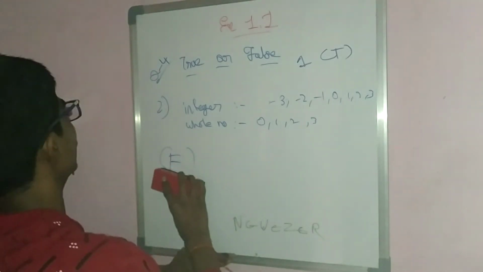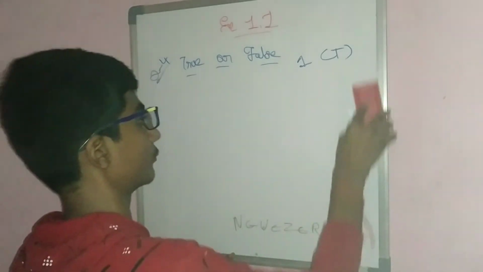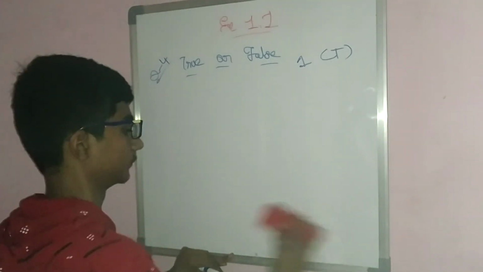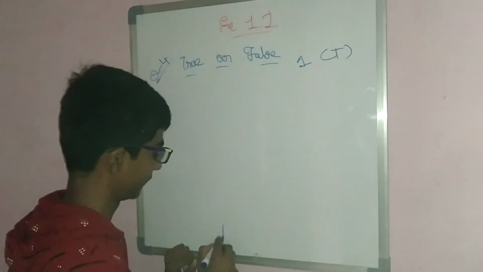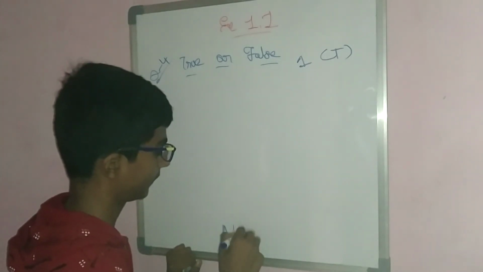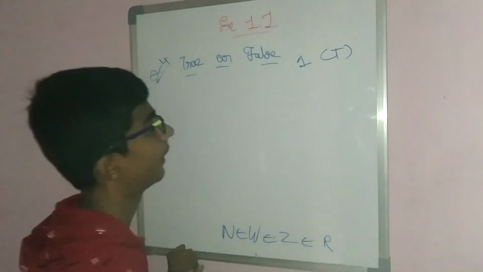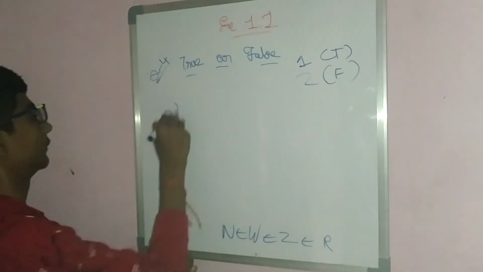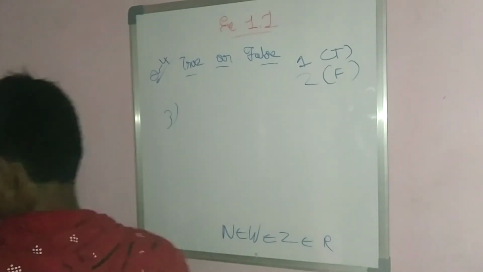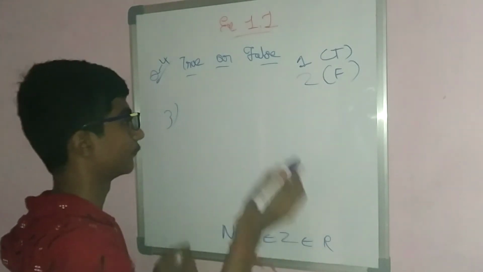So now let's move on to the third and last but not least. Sorry, I took out the statement and W, Z, R. The second was false. Now let's come to the third. So let me check. Yeah, every rational number is a whole number.